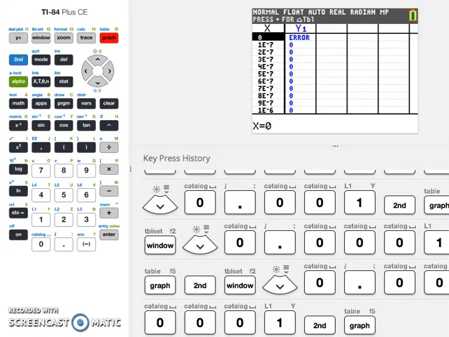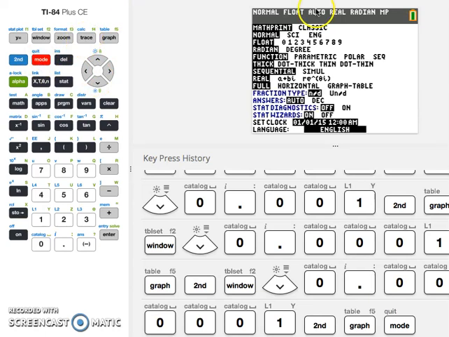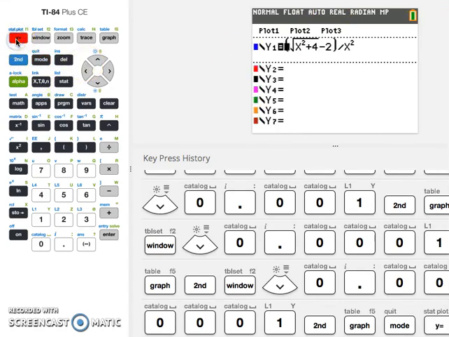So the first thing that I'm going to do here is change my mode and make sure, oh, I already am in radians. Okay, it didn't matter for anything else, but I want to make sure that I am in radians, which I am. So now we're going to go to y equals. We're going to clear out that other function, and then we're going to put in there the sine of pi over x.